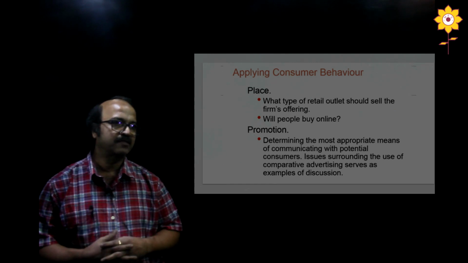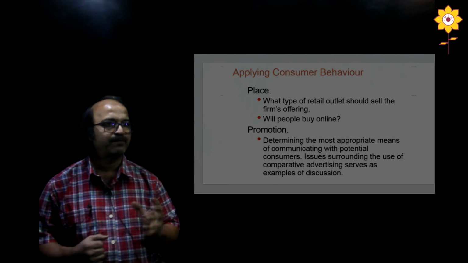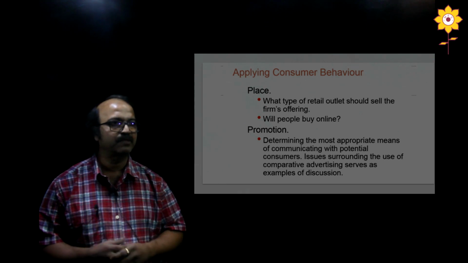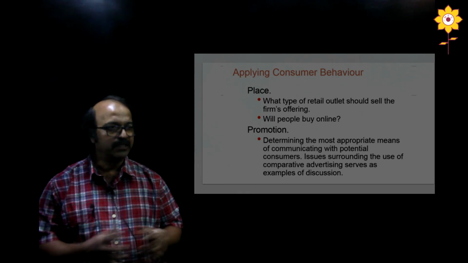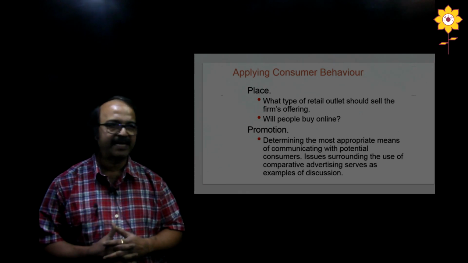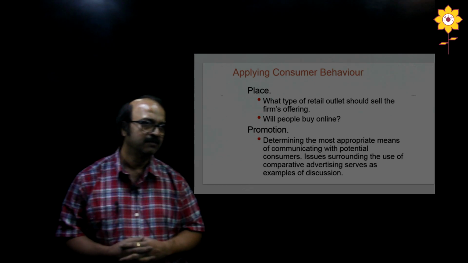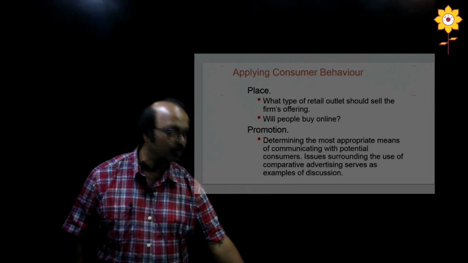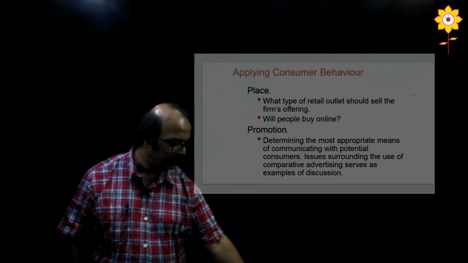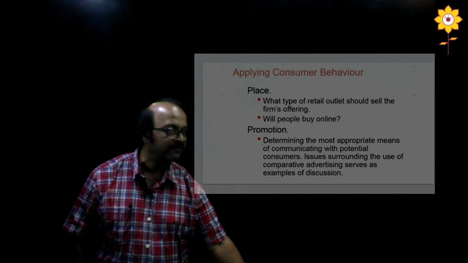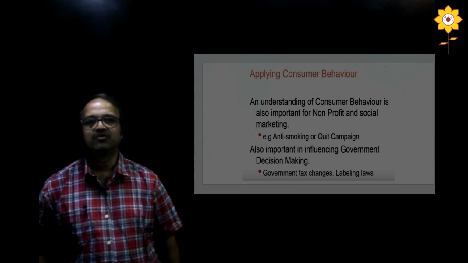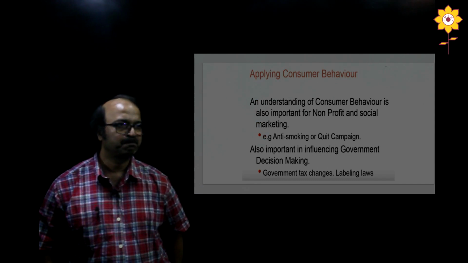The questions that arise in promotion are determining the most appropriate means of communicating with potential consumers, and issues surrounding the use of comparative advertising, as examples. These are all questions which need to be answered, and you get these answers when you do proper consumer behavioral research.